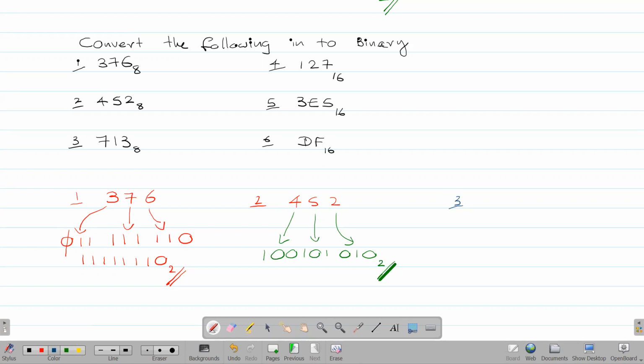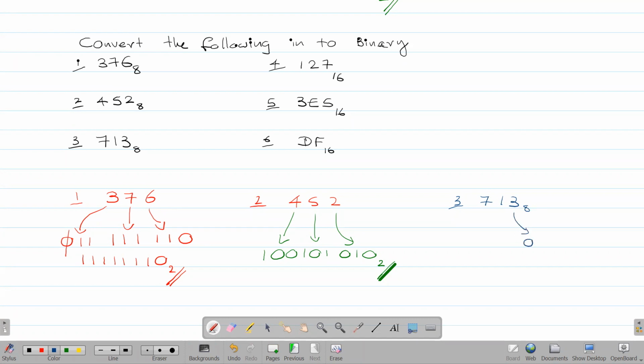Third one. Yeah, Kidney, yes, the answer for the fifth is also correct. Third one, 713 in octal.